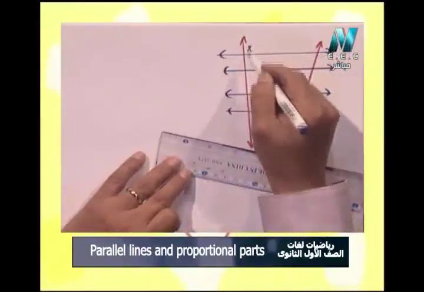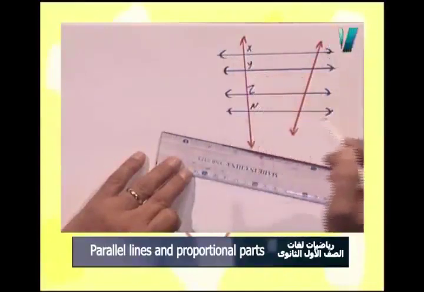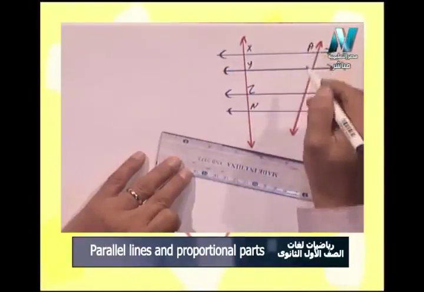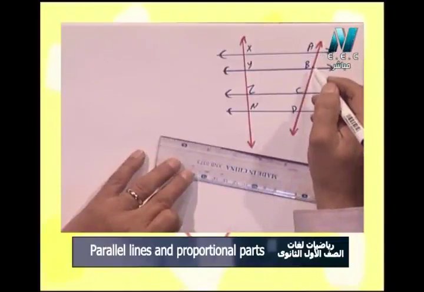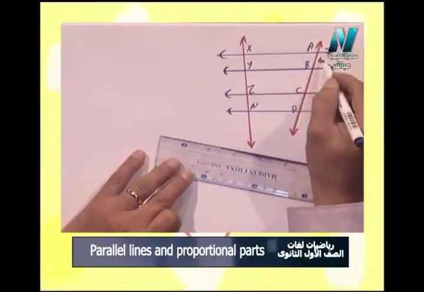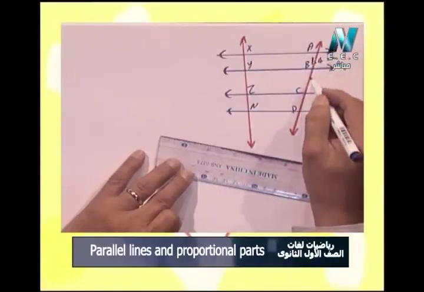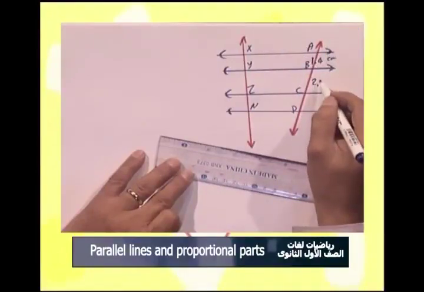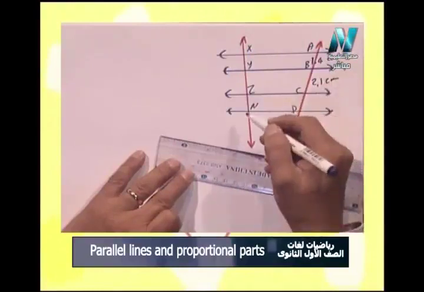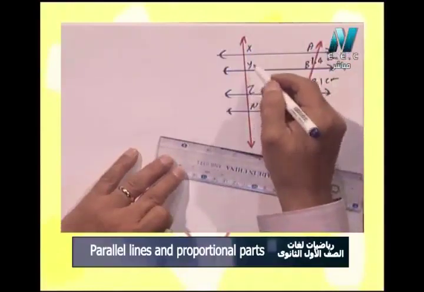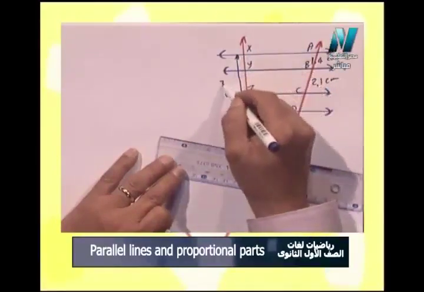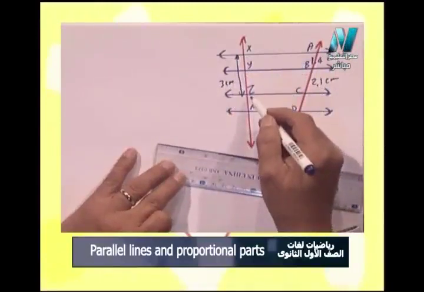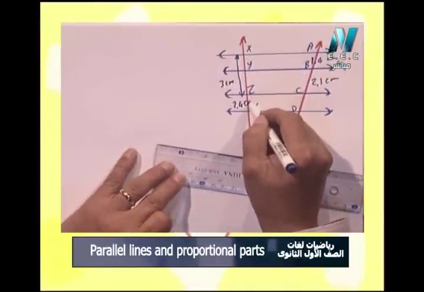We can call it XY, ZN, and these points A, B, C, and D. Here AB equals 1.4 centimeters, and BC equals 2.1 centimeters, and we have XZ, all of them, XY plus YZ equals 3 centimeters, and we have ZN equal to 2.4 centimeters.